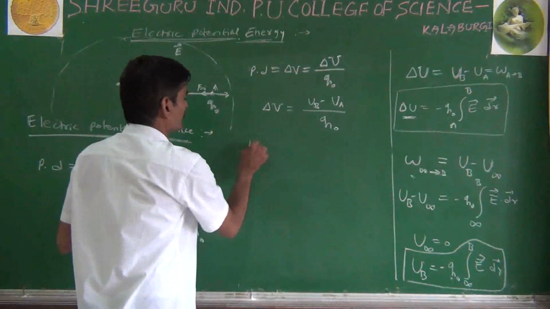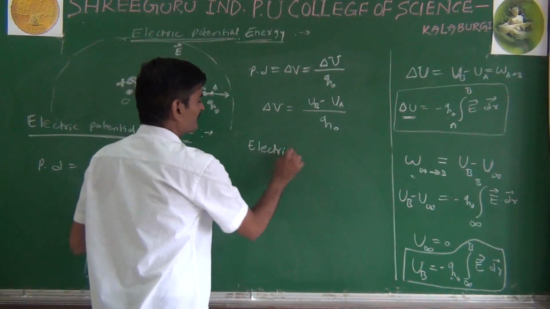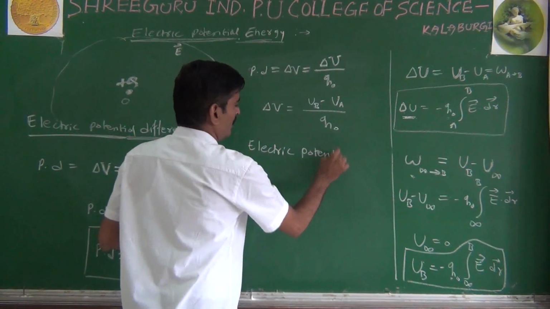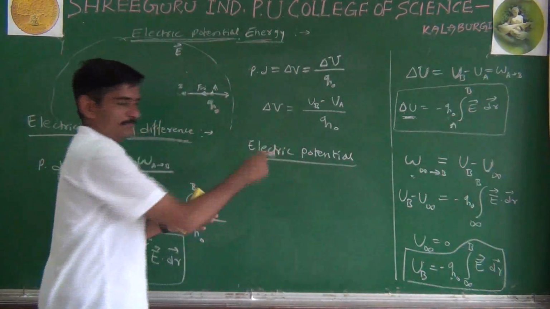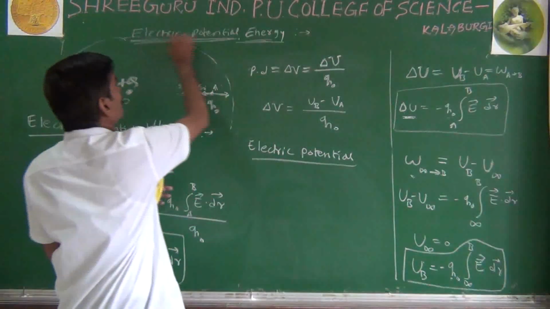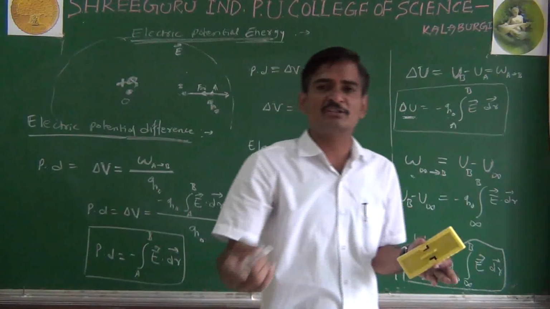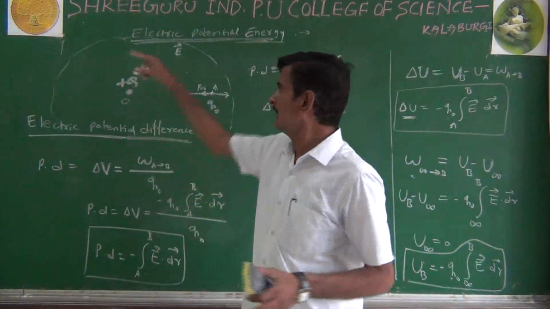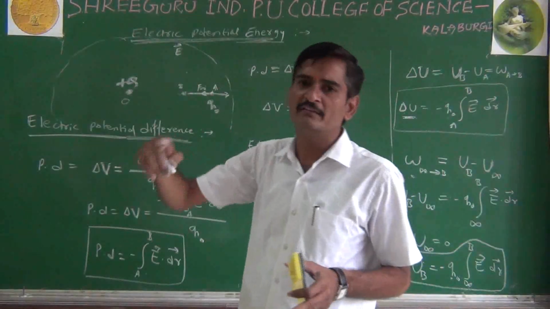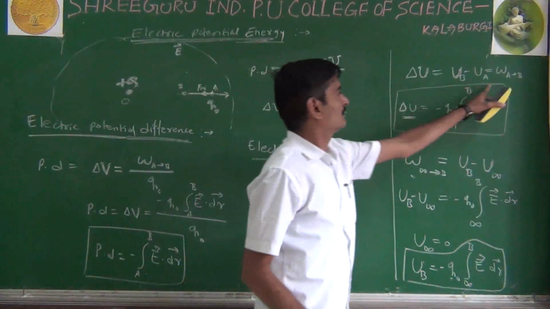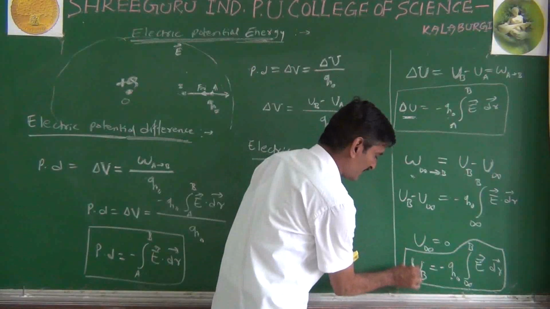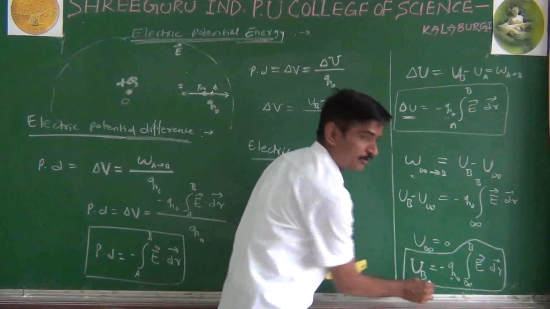Now I will define the concept of electric potential. Previously, while telling about electric potential energy, first I defined the electric potential energy difference, and after that I defined the electric potential energy at a particular point.